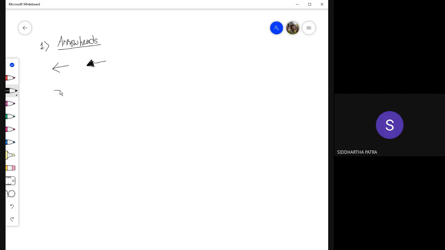And at times, people do it correctly. So, as we discussed earlier, the width of the arrowhead to the length, that ratio should be 1 is to 3, or L is to W is 3 is to 1.